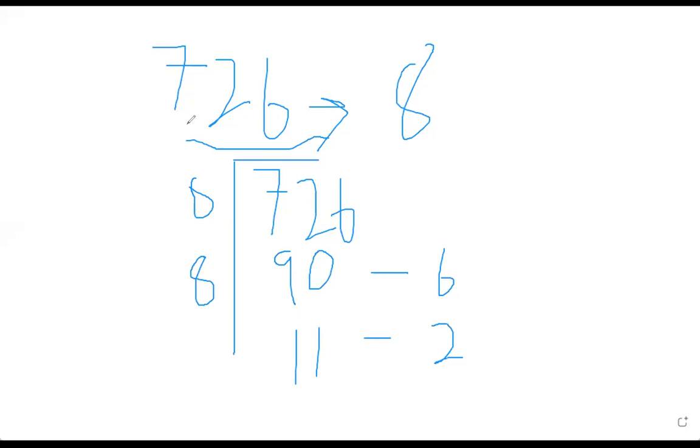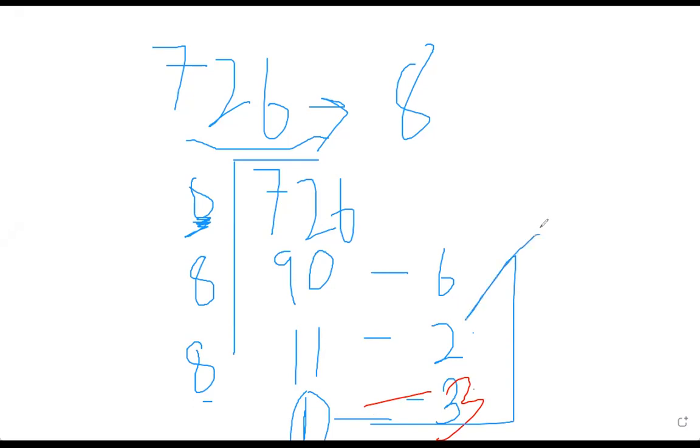The remainder has to be less than 8. Then 11 divided by 8 gives 1 as quotient and the remainder 3. Now this 1 is less than 8. So now just go 1, then 3, then 2, 6. So 1326.